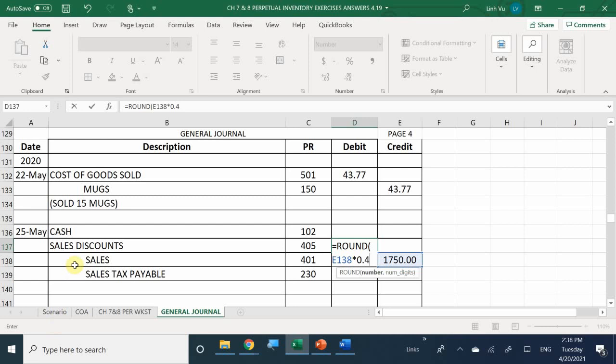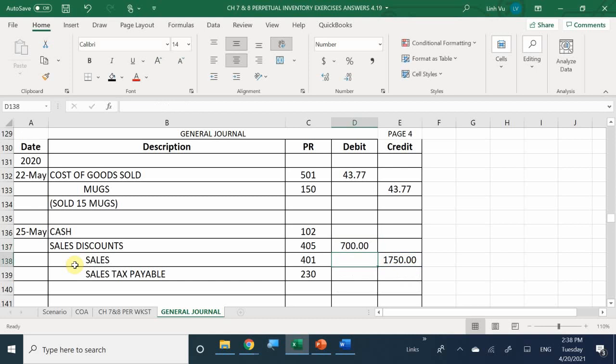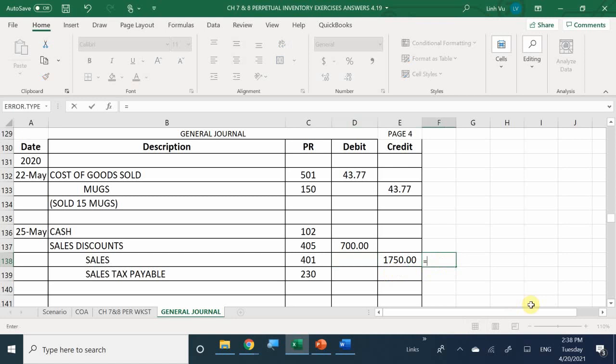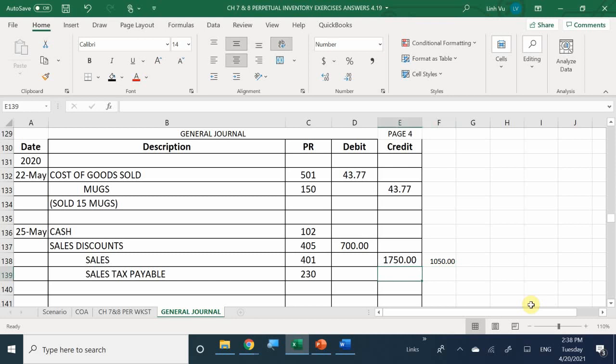Oh, 40. 40. Okay, so that gives you a total of 700. Now, how much tax can be charged? So I'm going to go ahead and do my little side note here. So I should be looking at 1050.